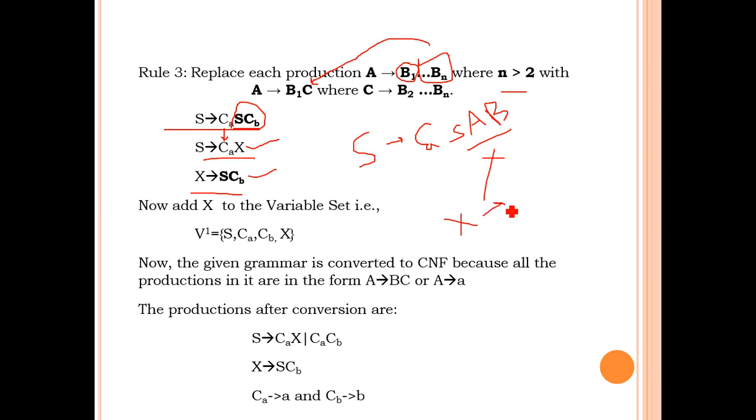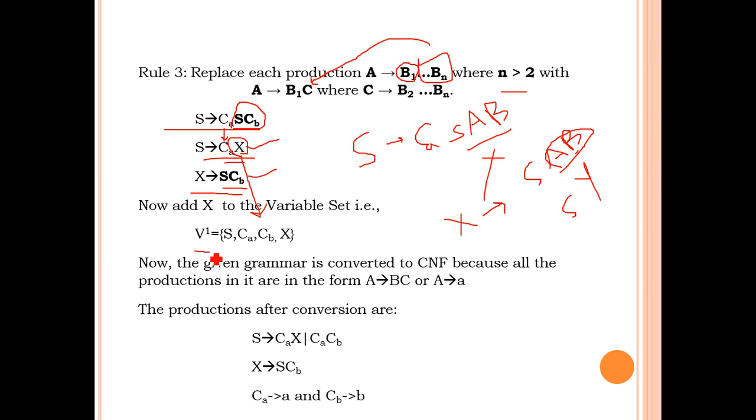That means X tends to S, A, B. Now this is also not of length 2, so again you can replace two of these with Y. Like that you can do the same. But here we have all the right hand productions of length 2, so you can stop the procedure and introduce this new non-terminal into the variable set.